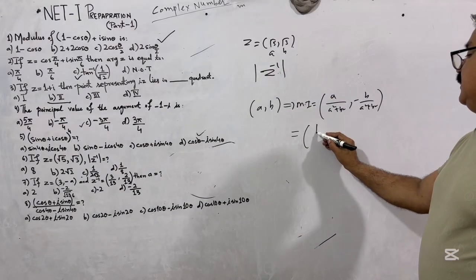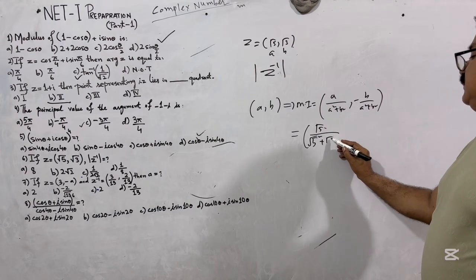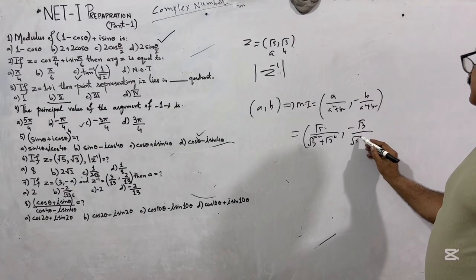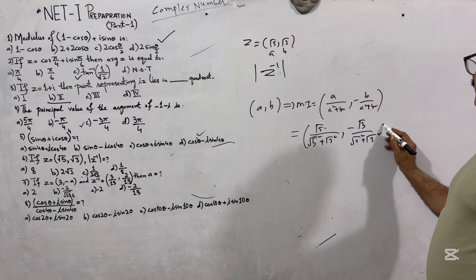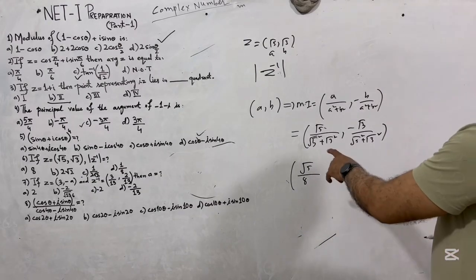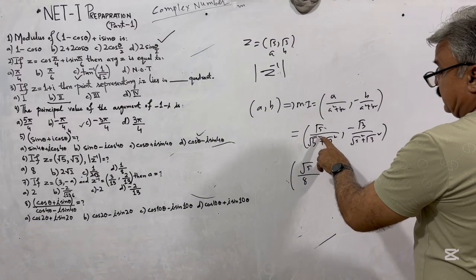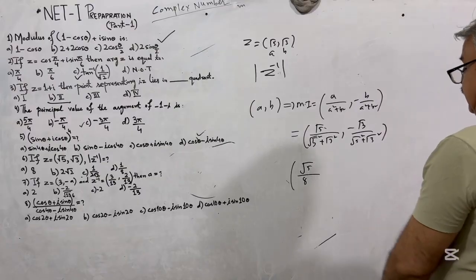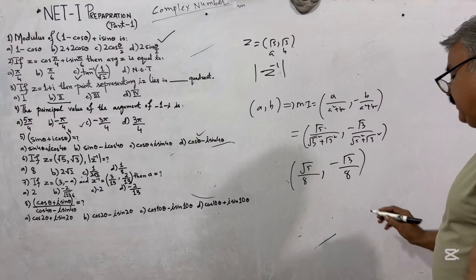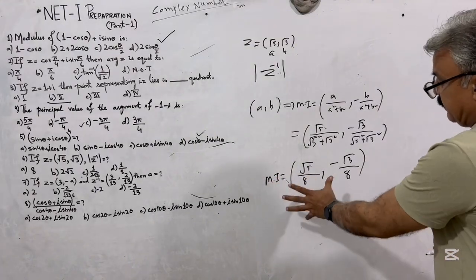We have root 5 square plus root 3 square, which is 5 plus 3, 8. So it becomes root 5 divided by 8, and here minus root 3 divided by 8 as well. Now this is the multiplicative inverse of our given complex number.